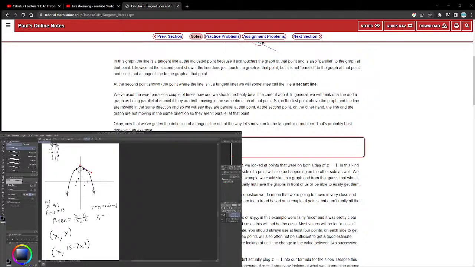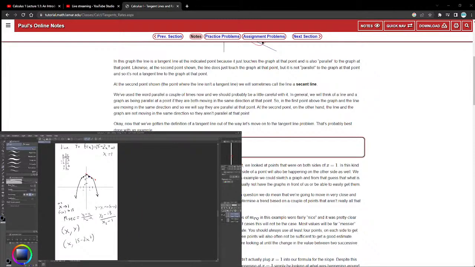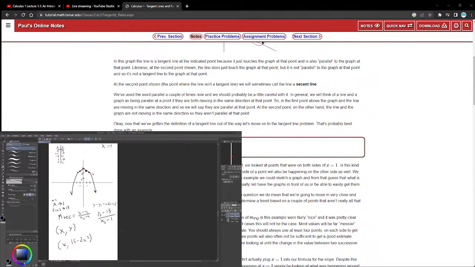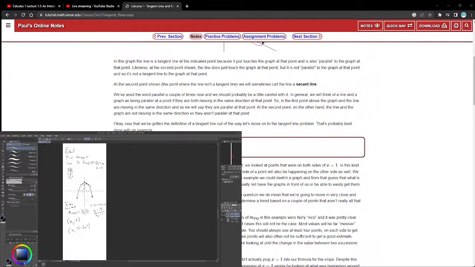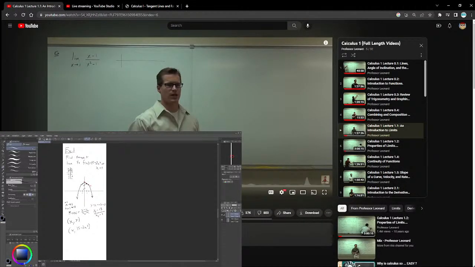So y2 minus 13 over x2 minus 1. I'm going to cheat. I'm going to watch the video again. I want to see the tangent problem again.